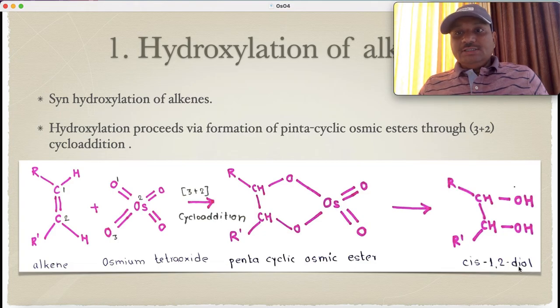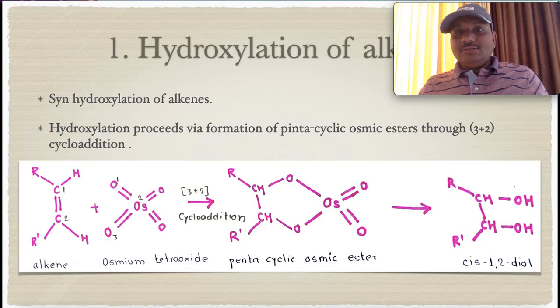In the product, there is the addition of two hydroxy groups. That's why this reaction is known as hydroxylation. Further, these hydroxy groups are added on the same side of the double bond. That's why this is the syn hydroxylation of the alkene.